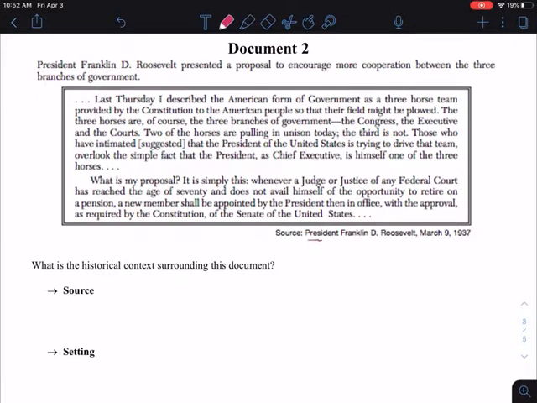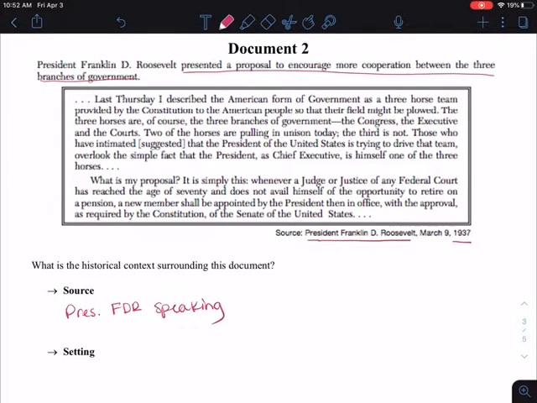First, we've got to look at the source. We know that this is coming from Roosevelt, so it is the President, FDR, speaking. So he is telling us, and up here it says he's presenting a proposal to encourage cooperation between the branches of government.